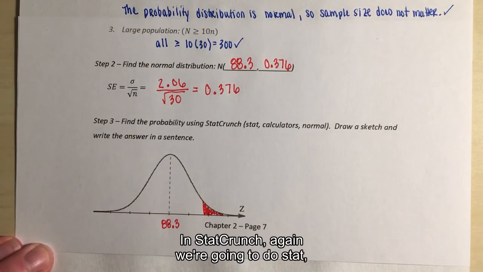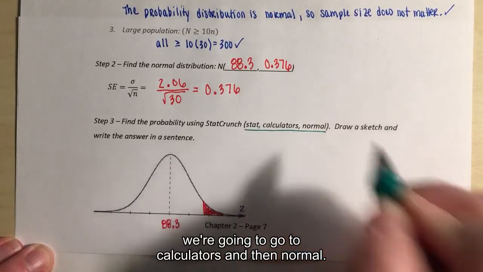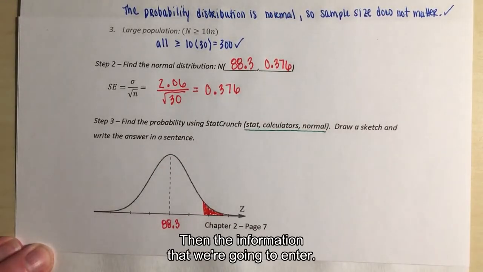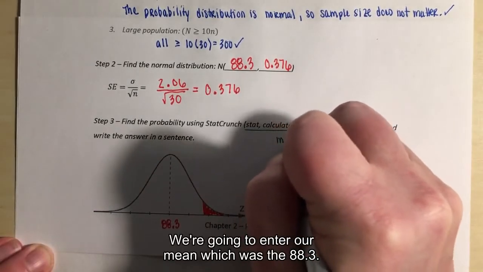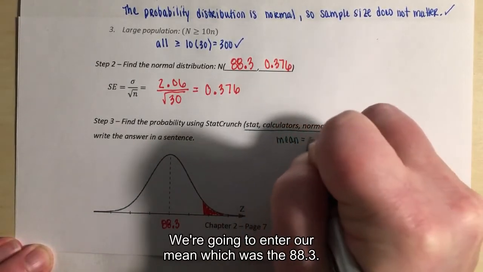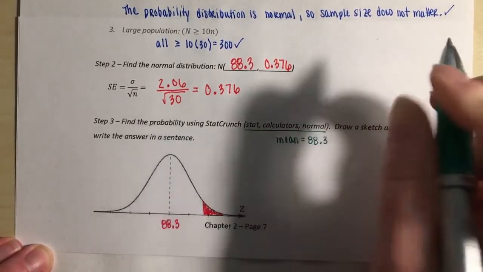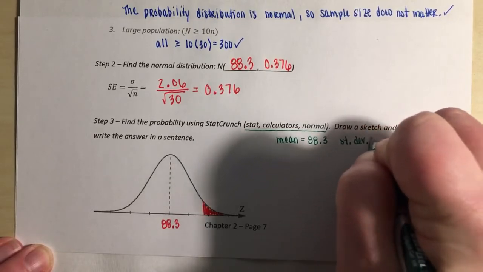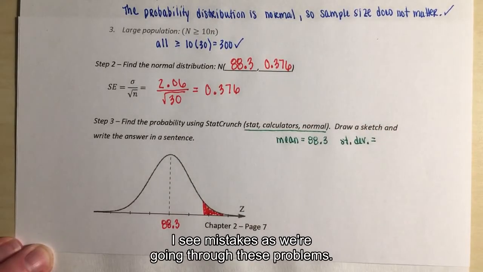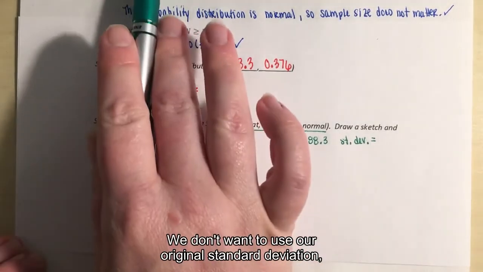All right, so in StatCrunch, again, we're going to do Stat, go to Calculators, and then Normal. Then the information that we're going to enter: we're going to enter our mean, which was 88.3. Then we're going to enter our standard deviation. This is generally the place where I see mistakes as we're going through these problems. We don't want to use our original standard deviation.